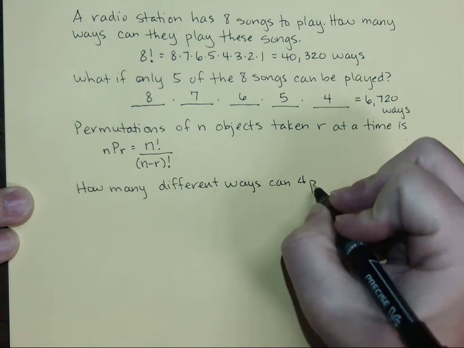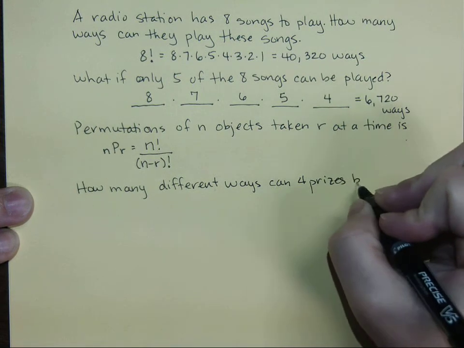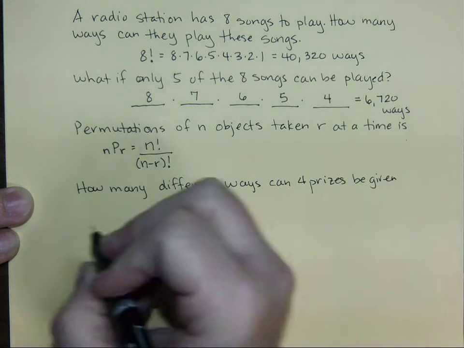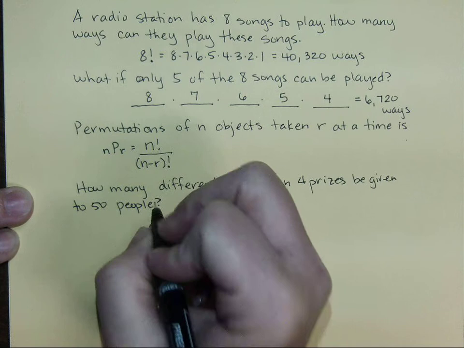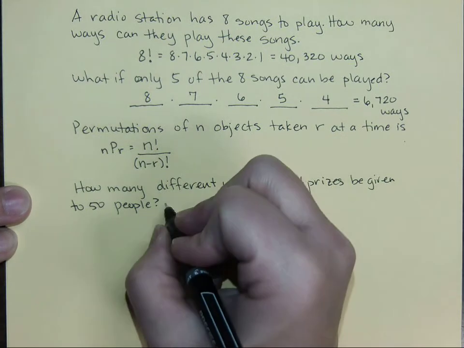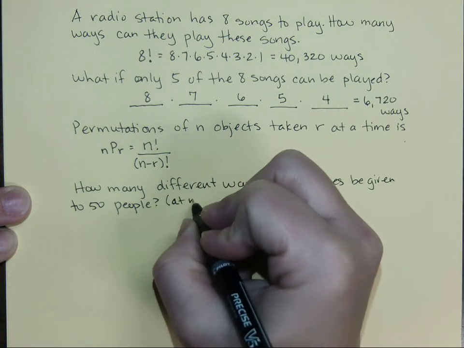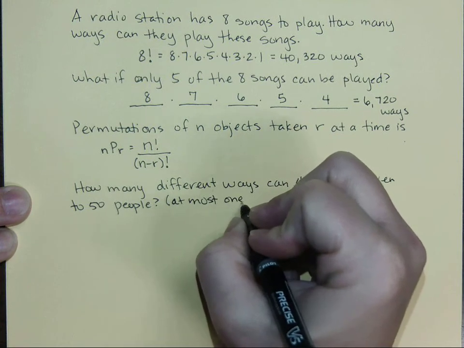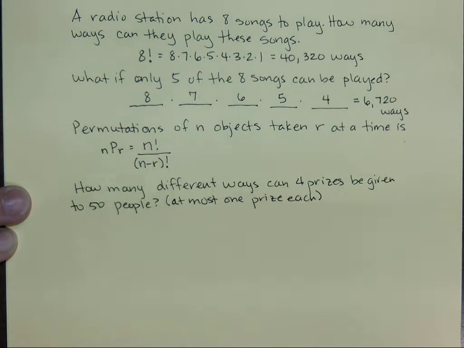So, for example, I want to know how many different ways can 4 prizes be given to 50 people. All right, and something that we're going to assume here is that you can get at most 1 prize. So we don't want one person to get all the prizes.